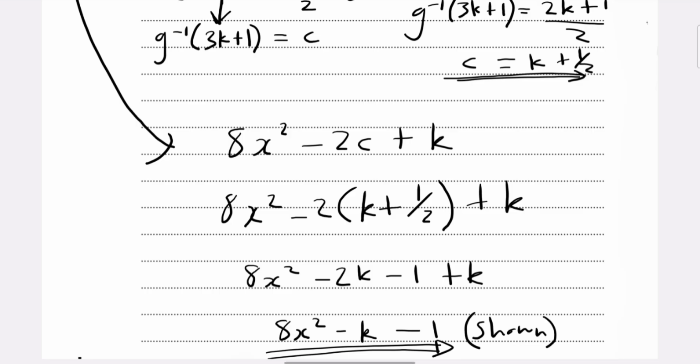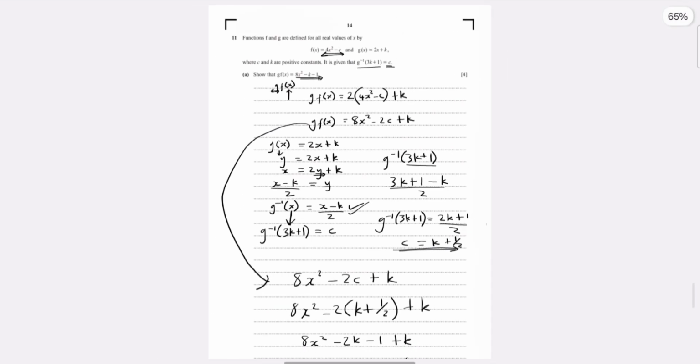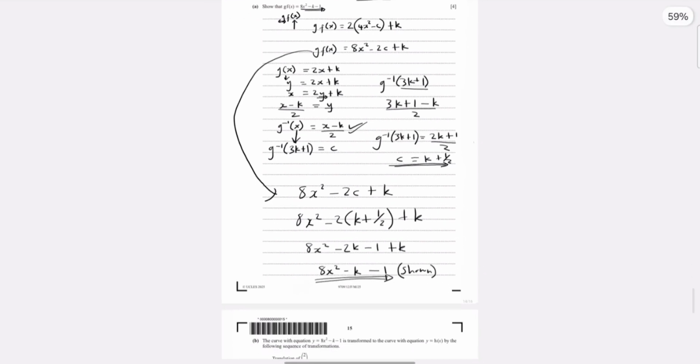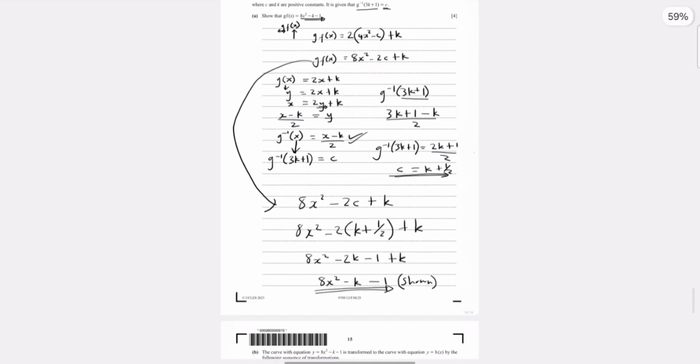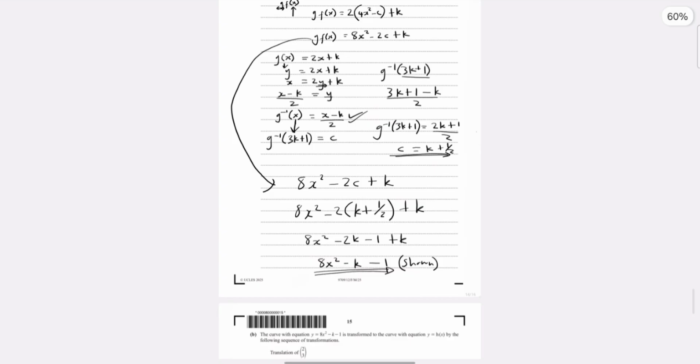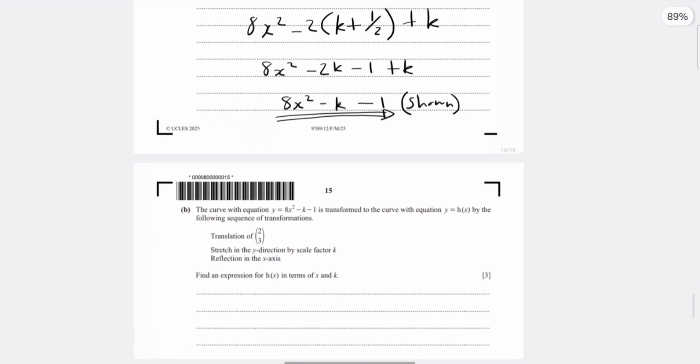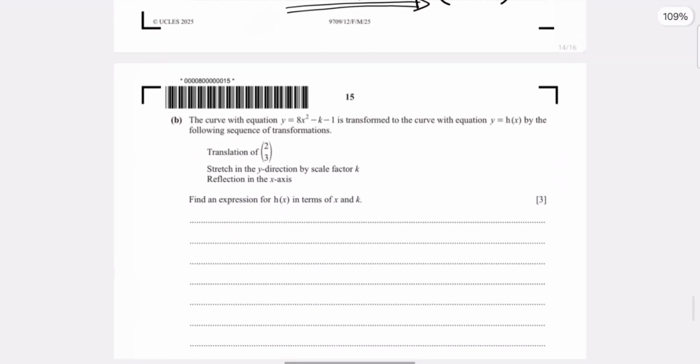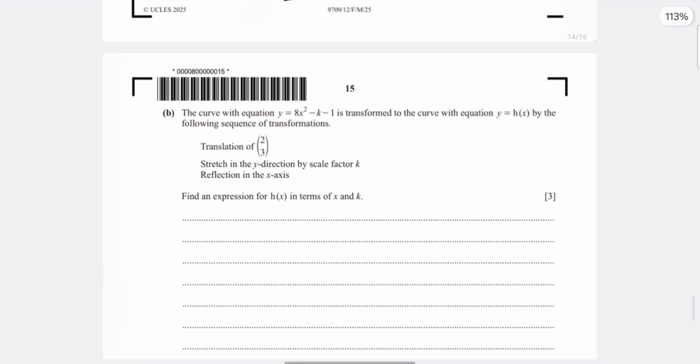And we've shown that f g f of x is 8x squared minus k minus 1, right, for 4 marks. And for part B, it's saying the curve with equation y equals 8x squared minus k minus 1 is transformed to the curve with equation y equals h of x by the following sequence of transformations.